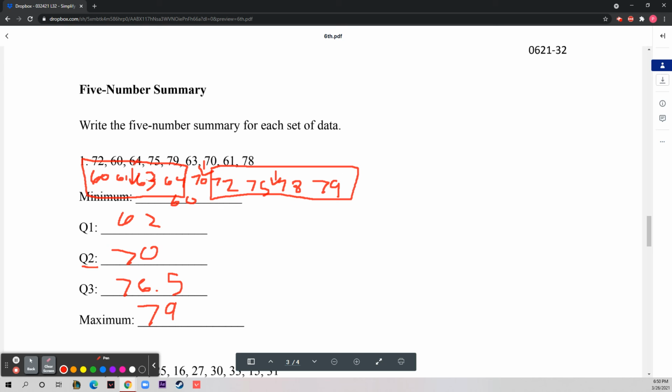And if you look, you can see this is where the quarters are.